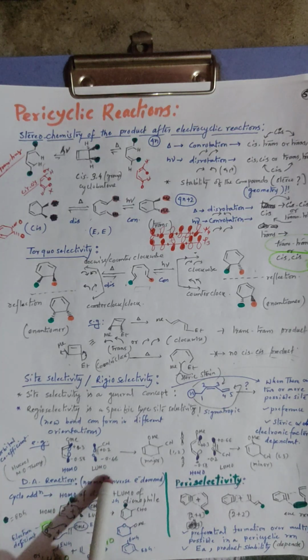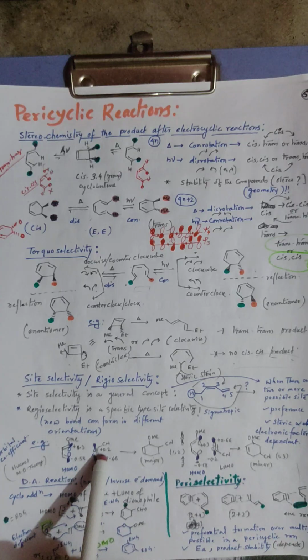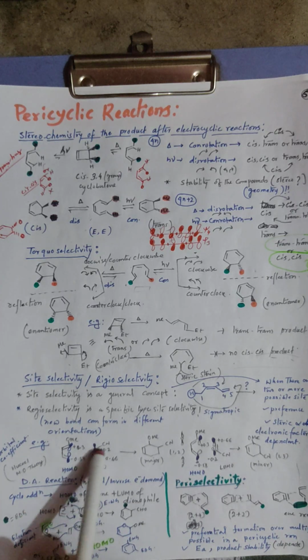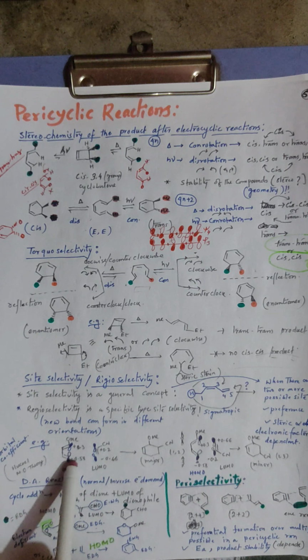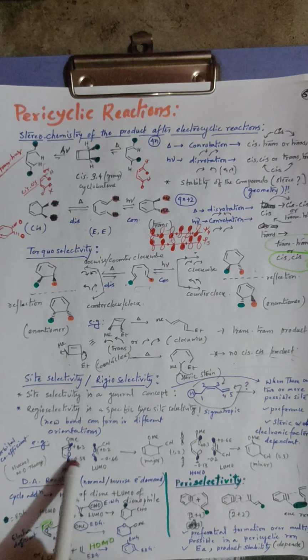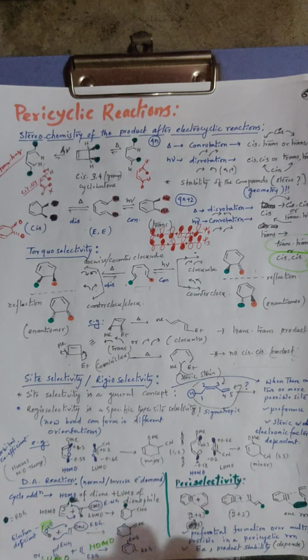In the dienophile, this position has minus 0.66, and the other near to Cn has an orbital coefficient of plus 0.2. The bigger orbital coefficient always interacts with the bigger orbital of the other system, giving efficient orbital interaction and leading to the formation of the major product.